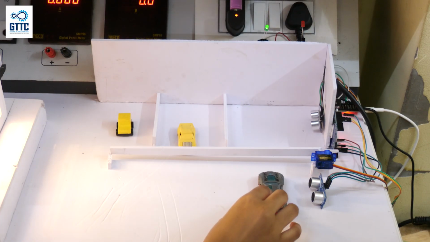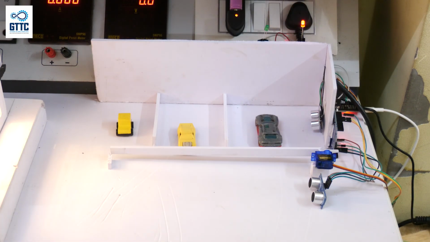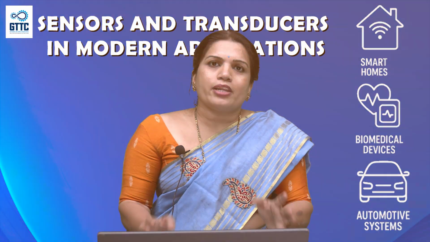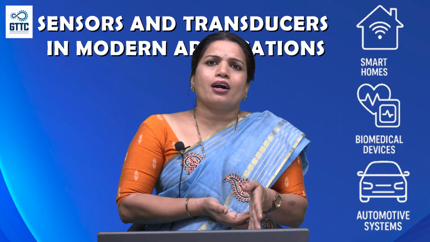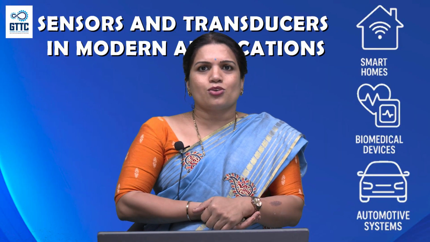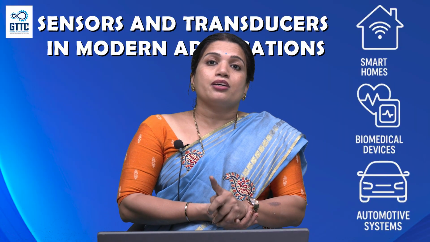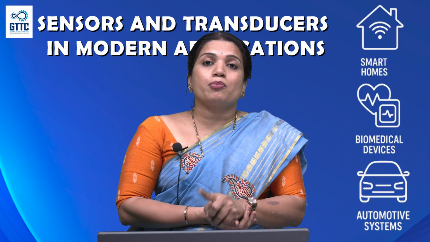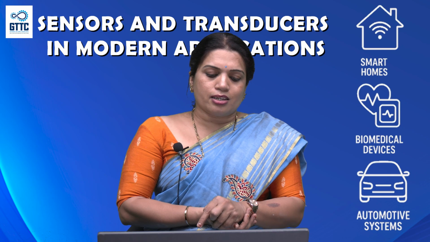Example for the ultrasonic sensor, reverse parking sensors in the cars, water level detection in the water tanks. Now let me summarize where we use the IR sensors and where we use the ultrasonic sensors. Range is very short in the IR sensors, but very large in the ultrasonic sensors.